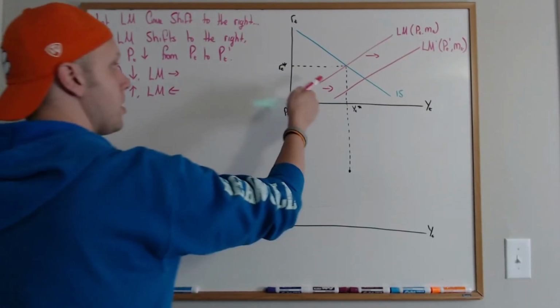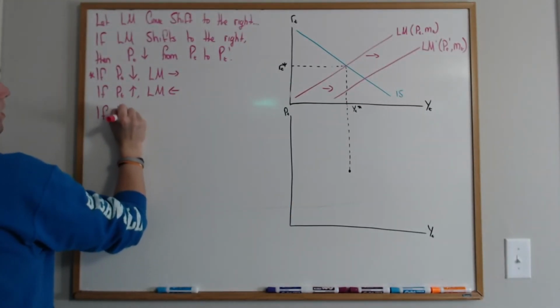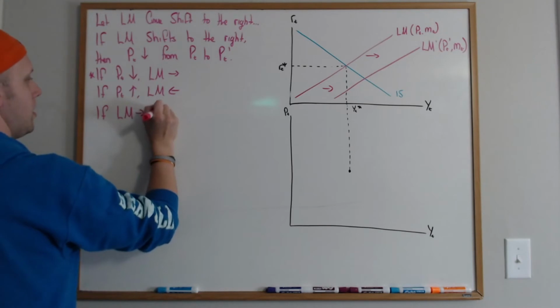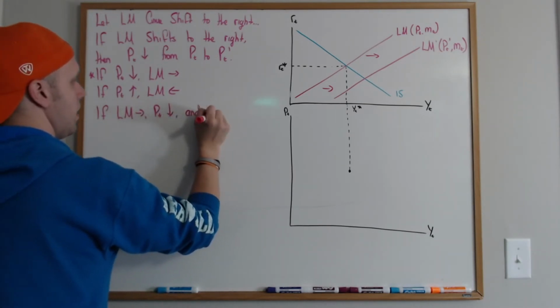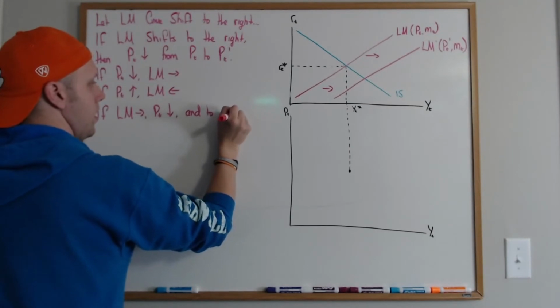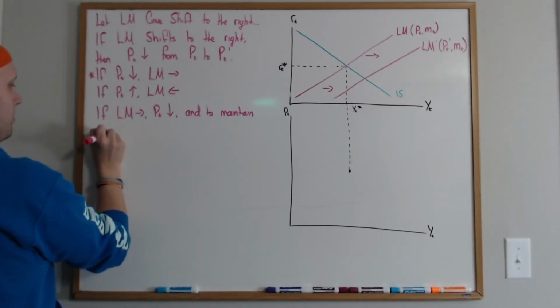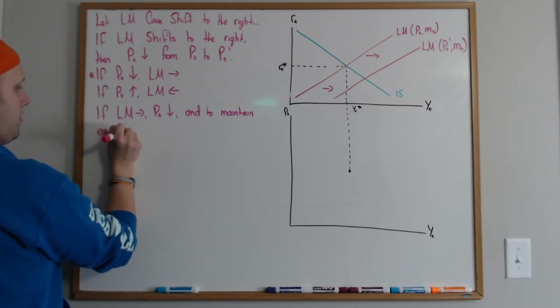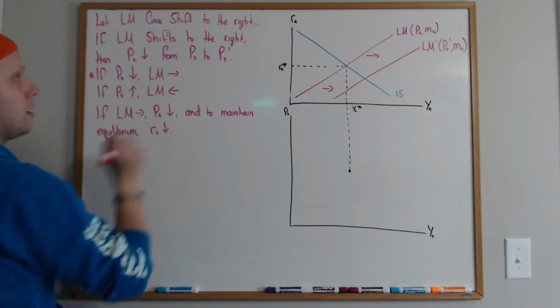So if the LM curve shifts to the right, then the price level has to fall, and to maintain equilibrium, the real interest rate also falls.